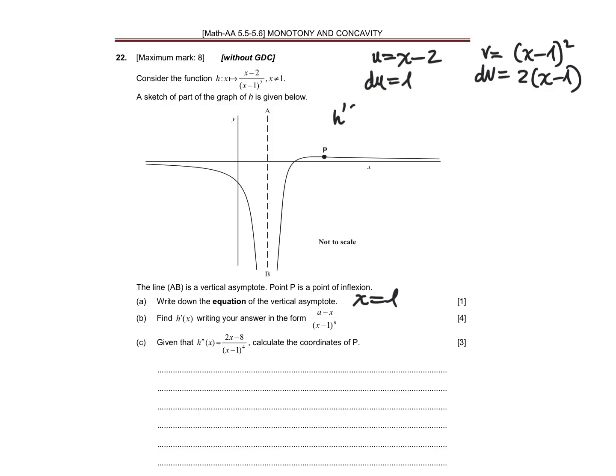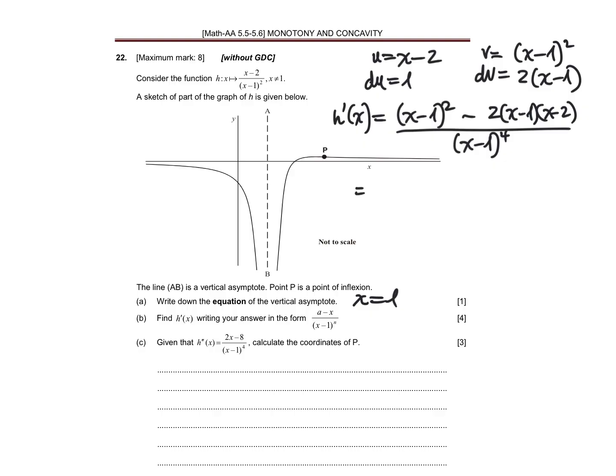So h prime is going to be v times the derivative of u, which is just 1, minus u times the derivative of v. So I'll just write it like this. And that's all over v squared. So x minus 1 squared is x minus 1 to the 4th. We need it in that form.